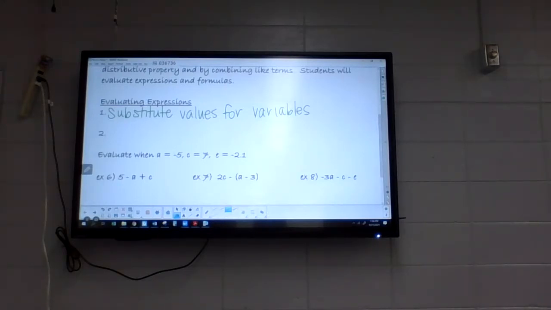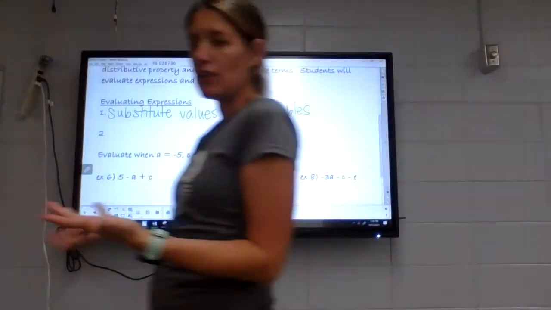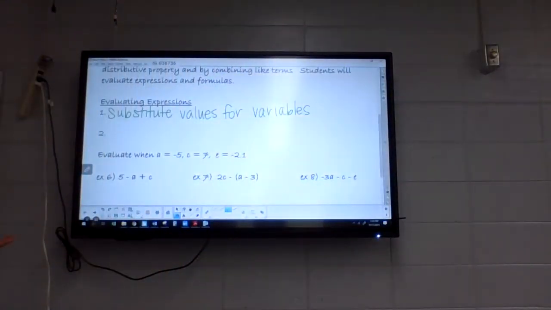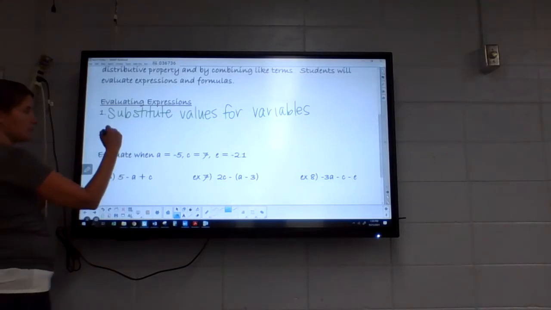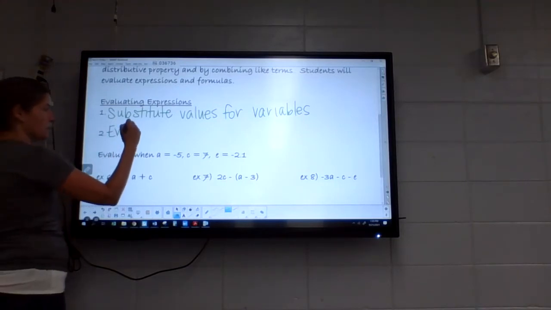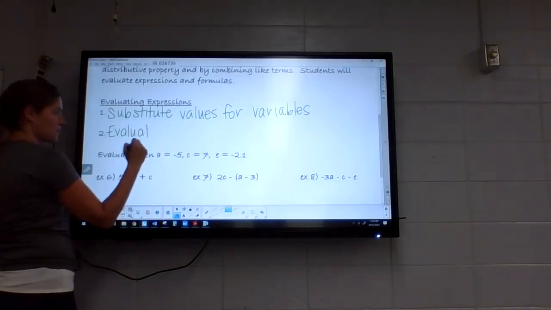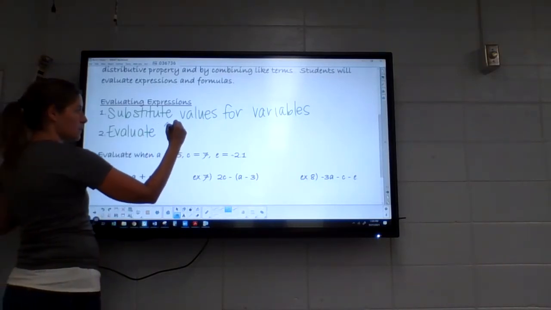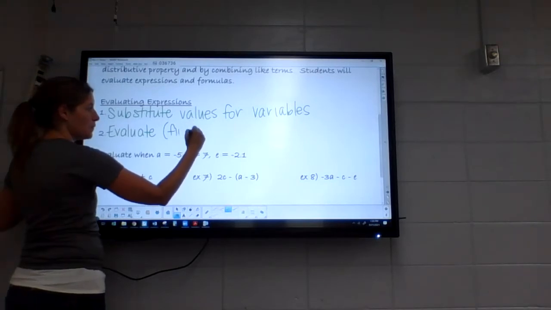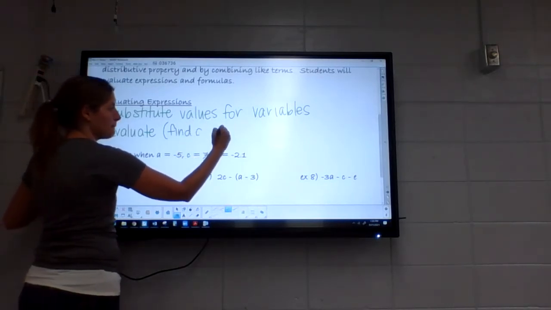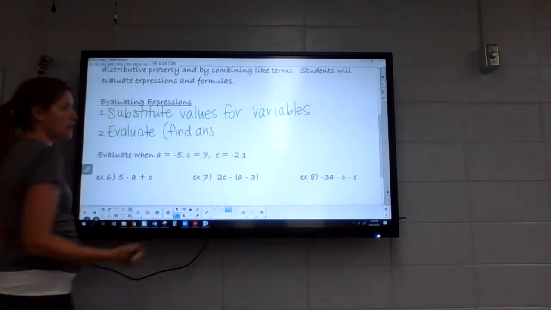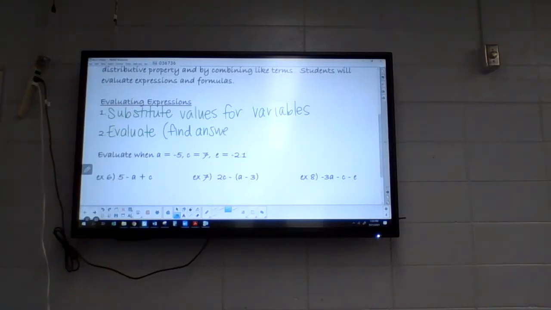So what that means, we'll put those values in. Really be careful, especially when we have double signs, when there's a negative. Then we're going to follow the order of operations and use our calculator to find the answer. They say evaluate just means find the answer, like what does it equal?